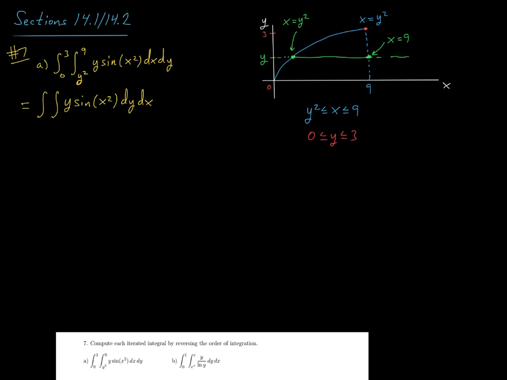Put all that together, and we're stacking these horizontal strips as we let y vary from 0 to 3, and that fills out this region right here. It's bounded by our sideways parabola, the x-axis, and this vertical line x equals 9. Great. Now, to switch the order, we're going to fix an x first. So think about now fixing an x.